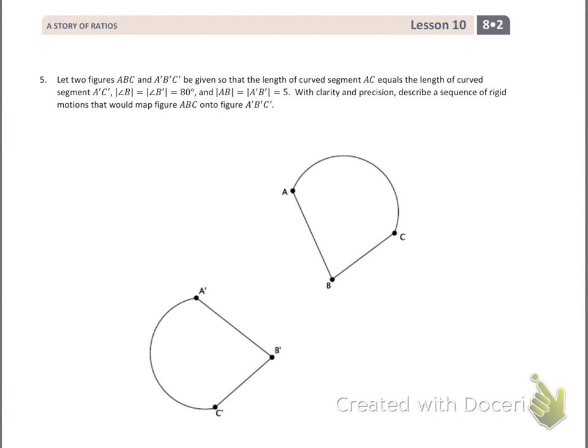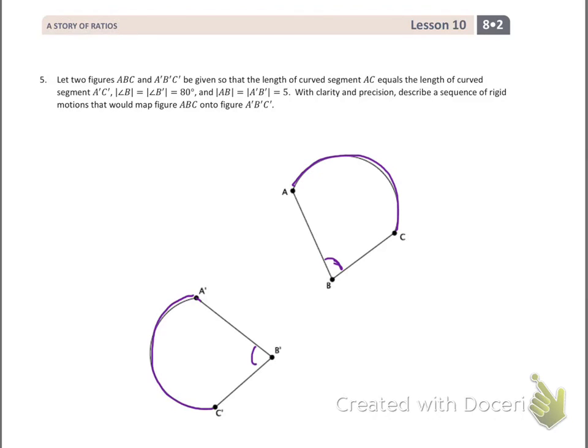Okay, our final example are these sort of ice cream cone shaped figures, and we're told some things about these figures, that angle B and angle B prime have the same measure of 80 degrees, and that this curved segment AC has equal length to this curved segment A prime C prime.